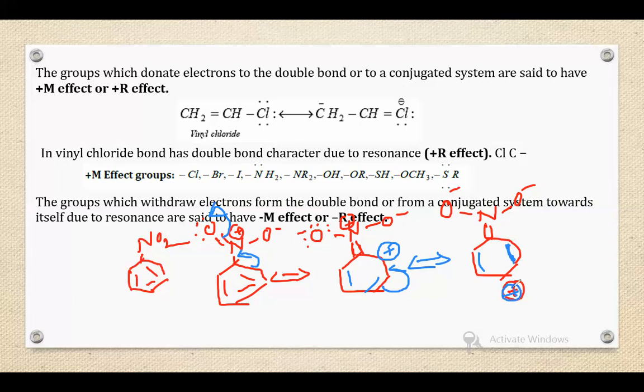Then what happened? This positive charge shifts here. Why does the positive charge shift here? Because this pair of electrons will shift here and the positive charge moves, and we get a structure like this, with the positive charge in the ortho position.